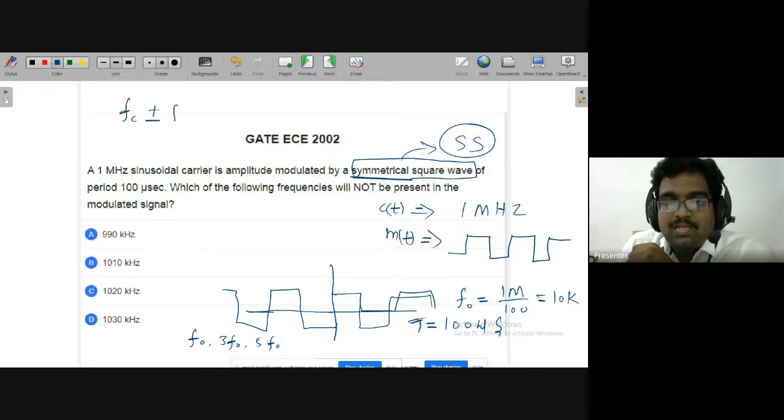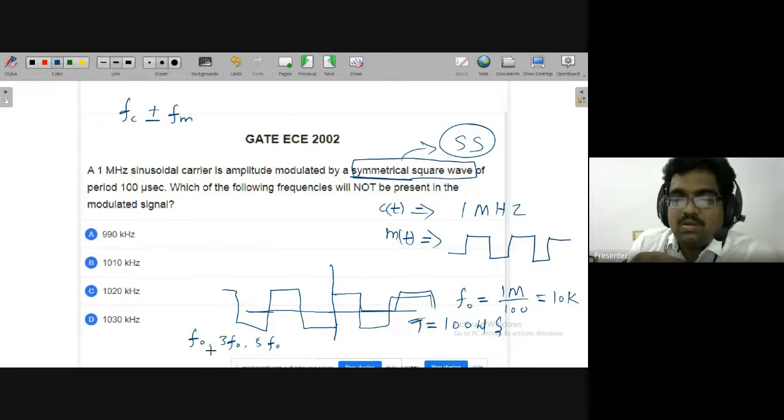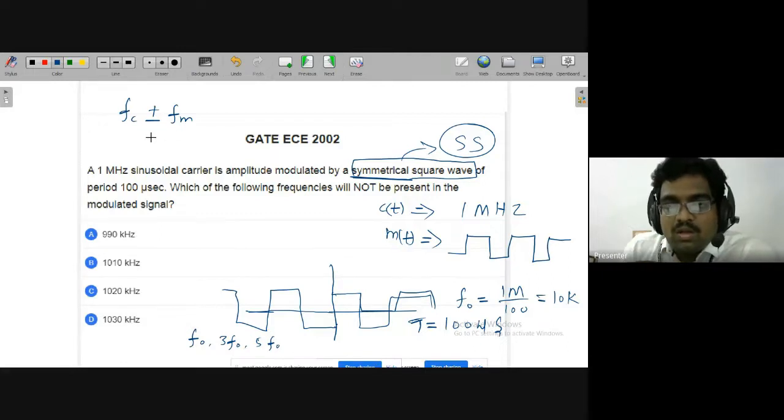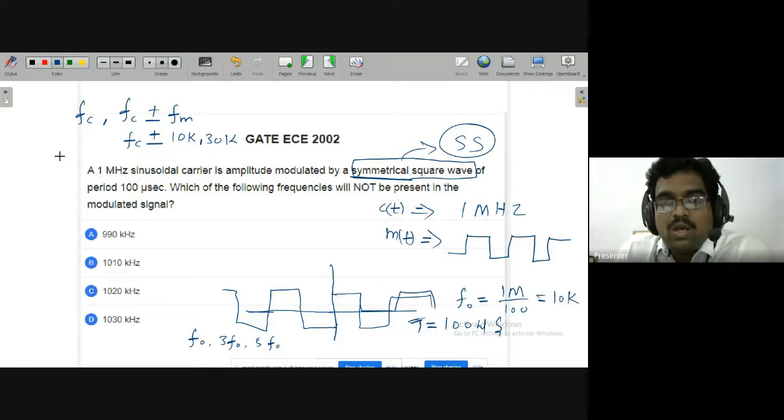Fc plus or minus Fm is the formula. Now, Fm consists of many frequencies like F0, 3F0, 5F0. So instead of Fm, I can put 10K, then I can put 30K. Again, at the output of the AM modulator, we will also have the carrier component Fc. Without that, Fc plus or minus Fm will be there.